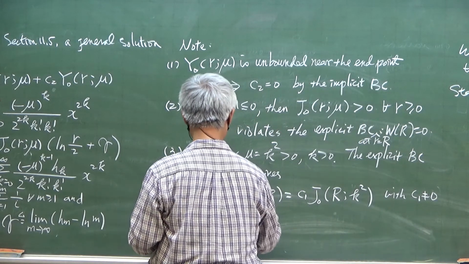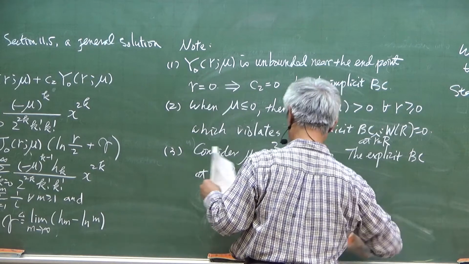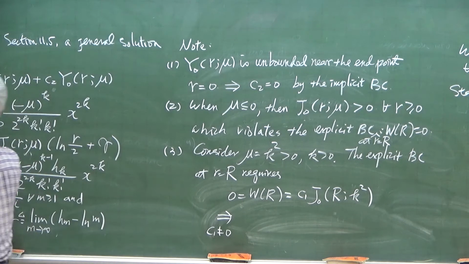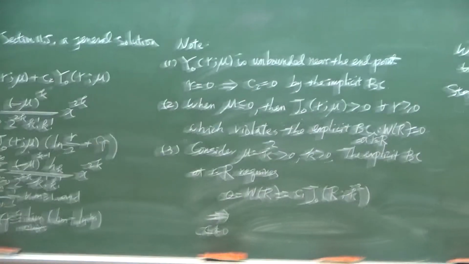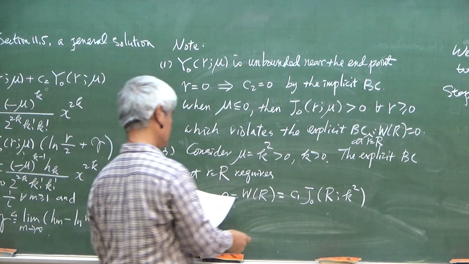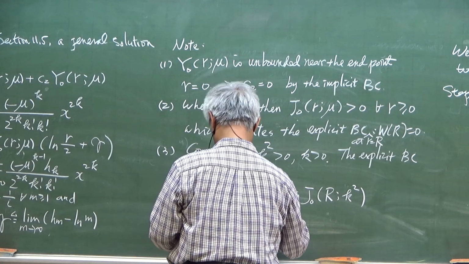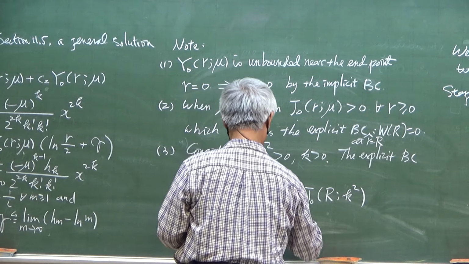Okay? This implies C1 cannot be 0 because if C1 is 0, then W is 0. It's a trivial solution, right? We don't want any trivial solution. So this implies that J0 of kR is 0.